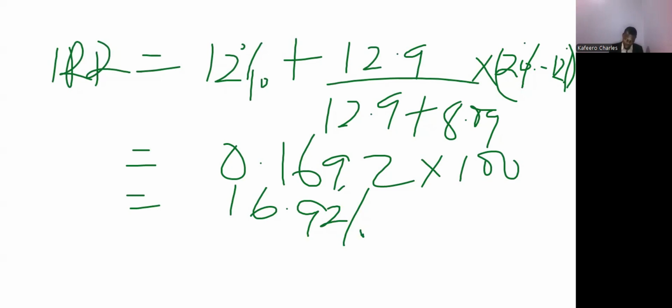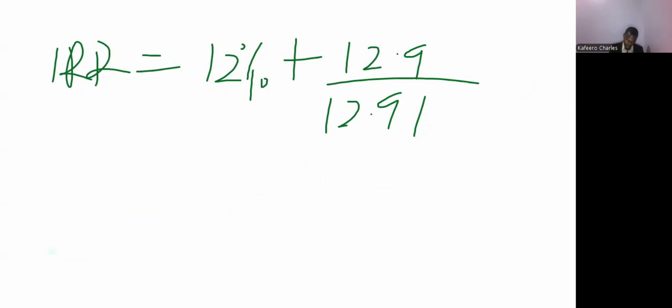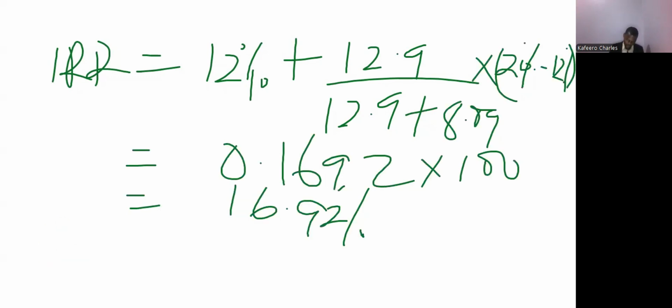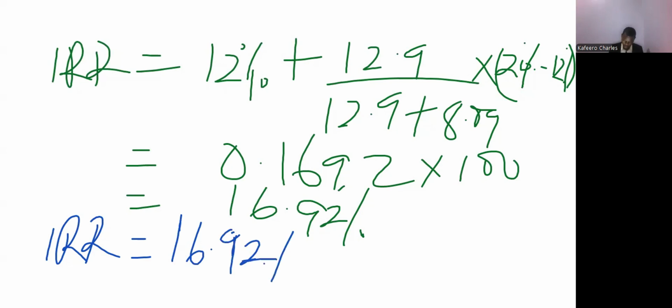So what we are going to do, we adjust it for tax. IRR will be the 16.92% into 1 minus the tax rate. They told us 33%, 1 minus 33%.